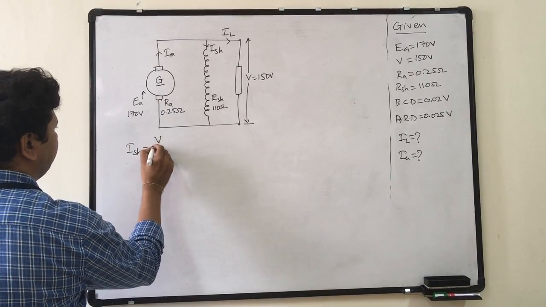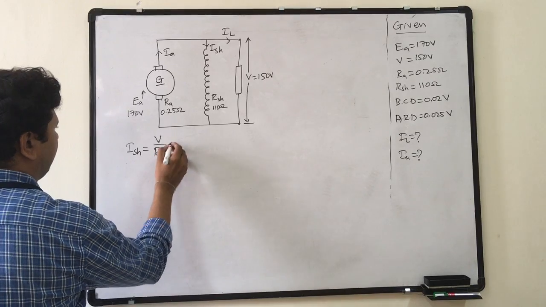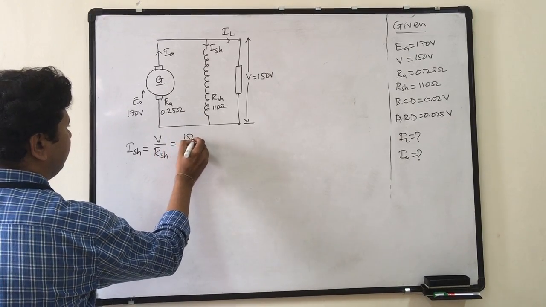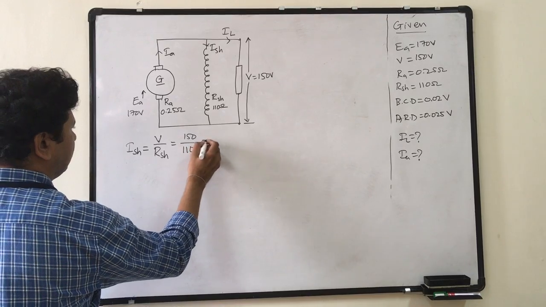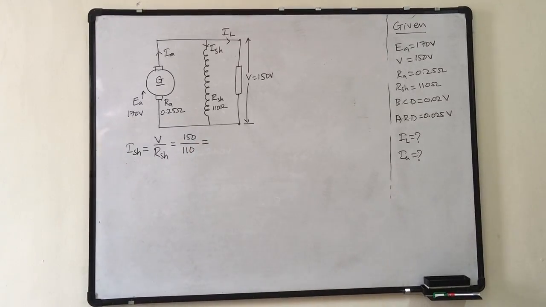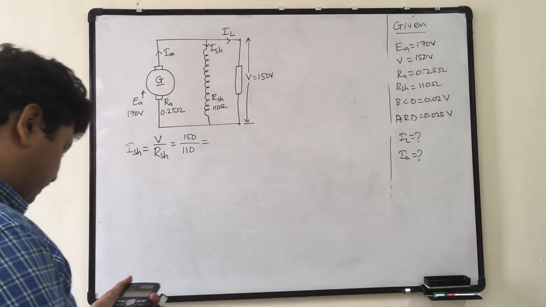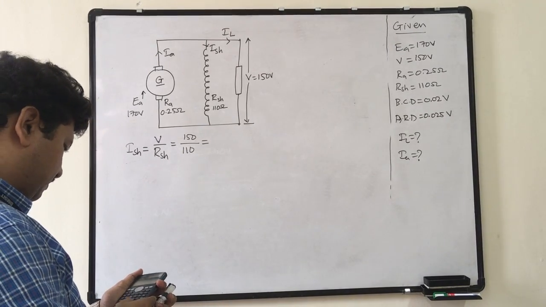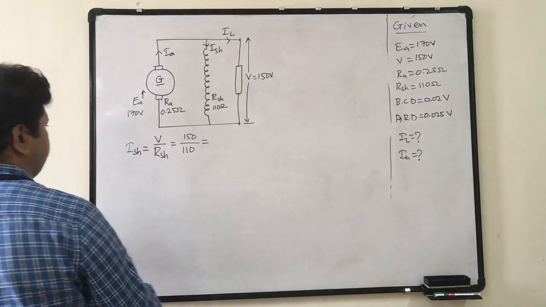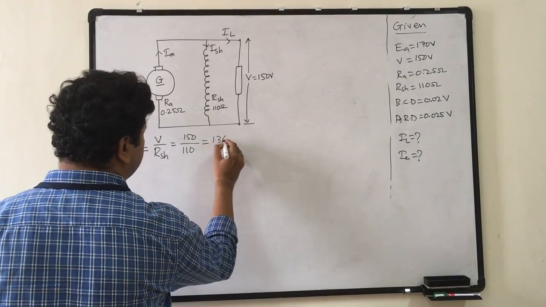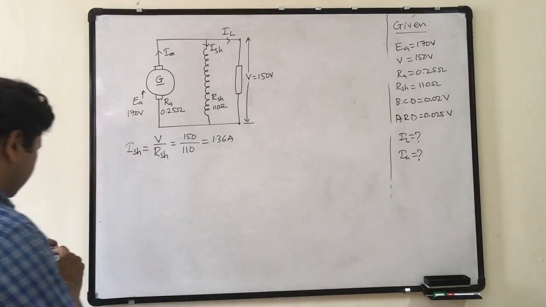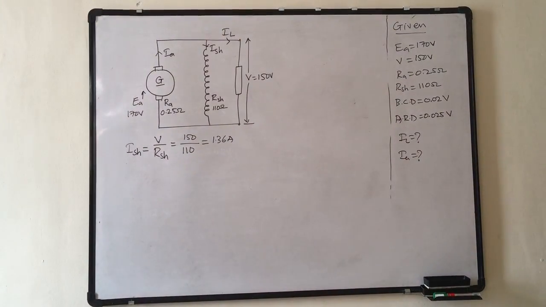ISH I can write as V divided by RSH. So it is 150 divided by 110, which is 1.36 amperes.